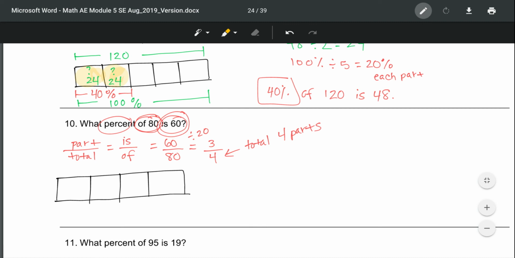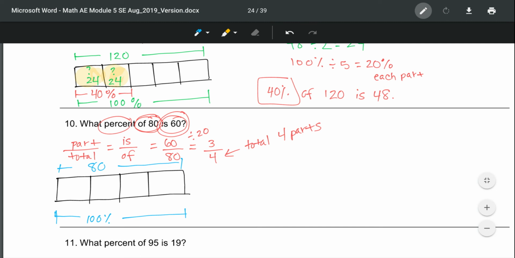So the total percentage value of your bar model is 100%. Okay, and the total value is 80. We want to know what percentage 60 would be.